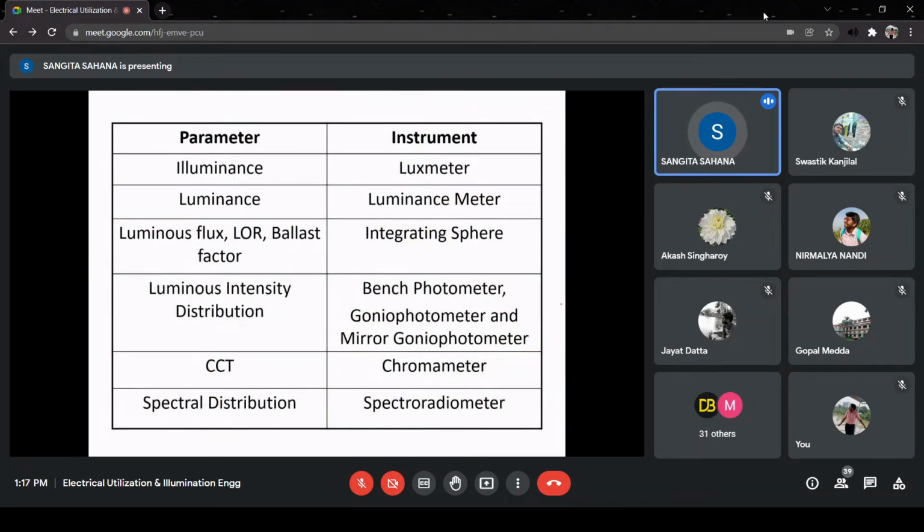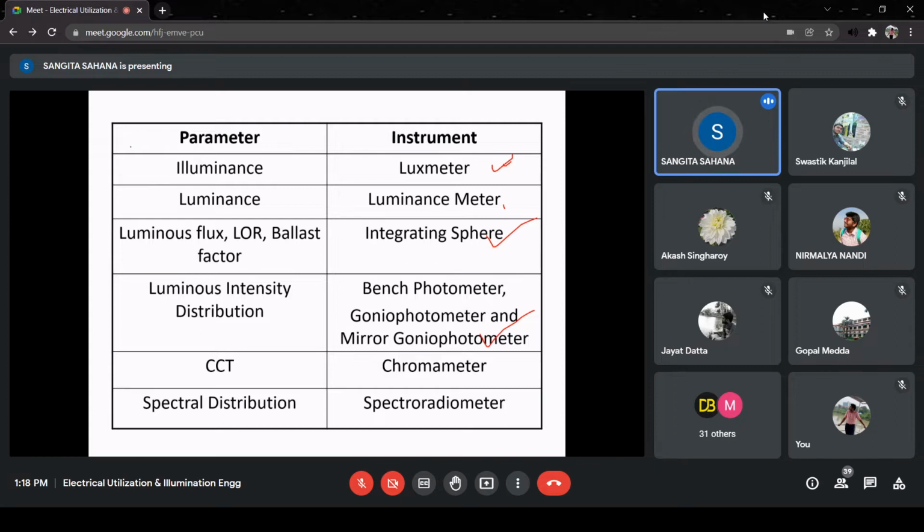So here we have Lux meter for illuminance. You can hear me, right? Yes, ma'am. Okay. So here we have Lux meter in your syllabus to measure illuminance. Luminance meter, this is also important, but you have Lux meter in your syllabus, integrating sphere, this goniophotometer, that's it.